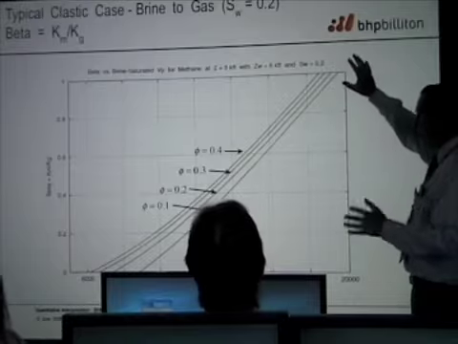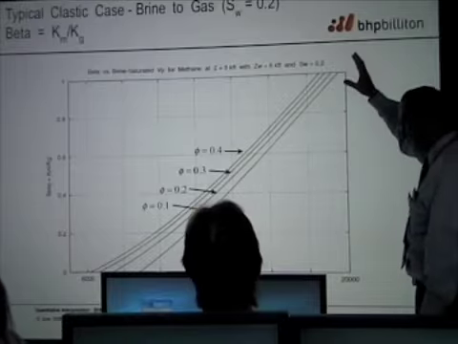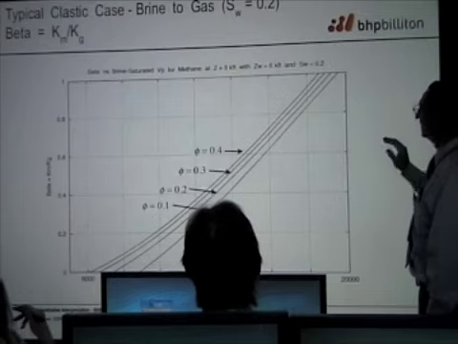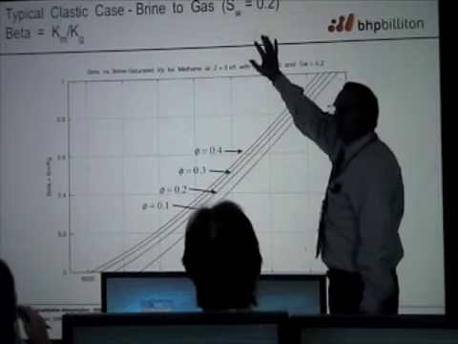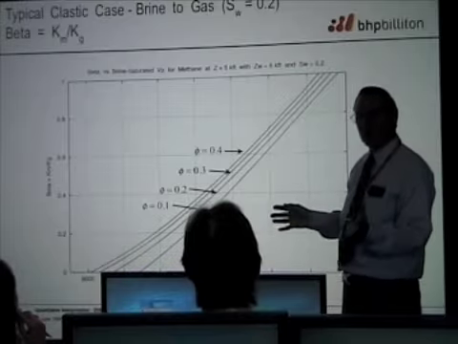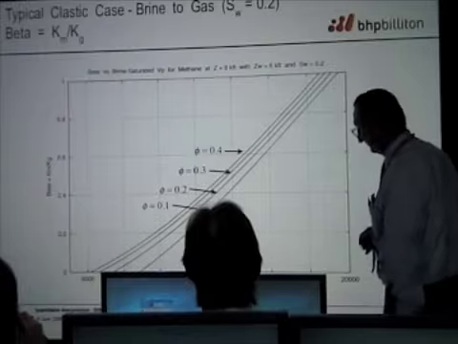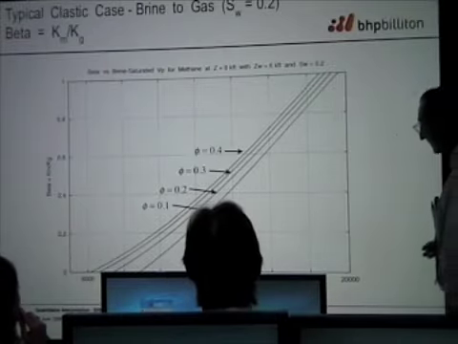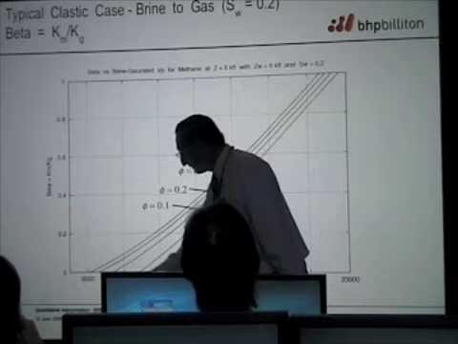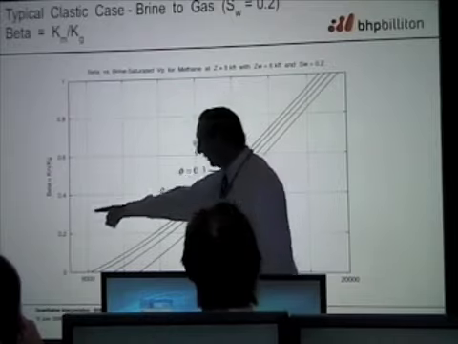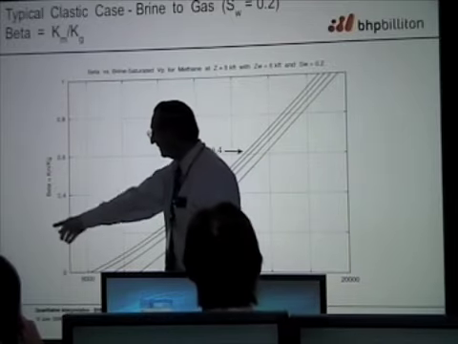Now, I haven't talked about certain things that go into this calculation, but I will within the hour. So don't worry about this up here, but it is for a reservoir with water saturation of 0.2. It's quite transparent. We're going to plot everything against the brine saturated velocity and the parameter we're interested in over here, which is beta in this case.